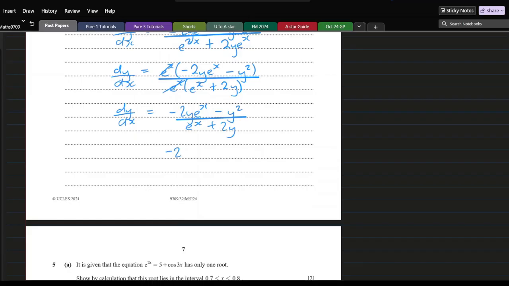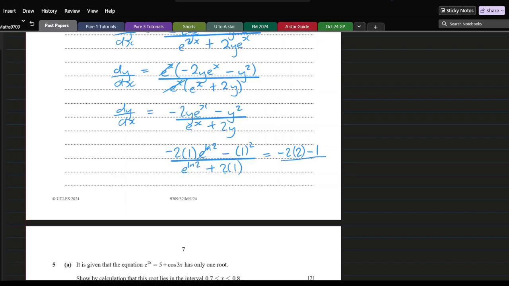Anyway, so this becomes negative 2 times y, which is 1, times e to the x, x is ln 2, minus y squared, so that's minus 1 squared, and this is over e to the ln 2 plus 2 times y, so times 1. Our numerator here is negative 2 times 2, since the e and the ln cancel out, minus 1.